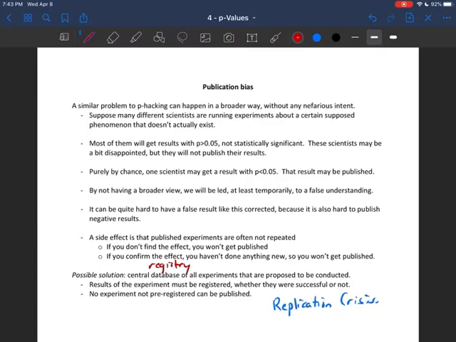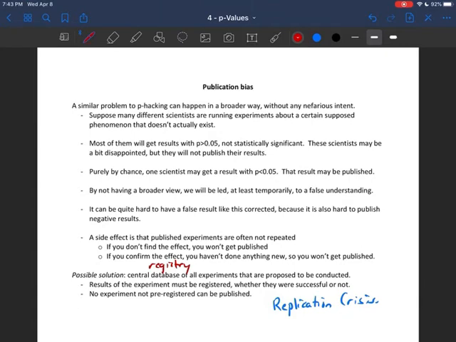So what's the point of this? The point is that this gives the broader scientific community the context. We see how many times this experiment has been tried, and then we can see how often it's successful. And if it looks like it's only successful by chance, because it's been tried so many times and was successful every once in a while randomly, then we know not to put a lot of credence into that thing.